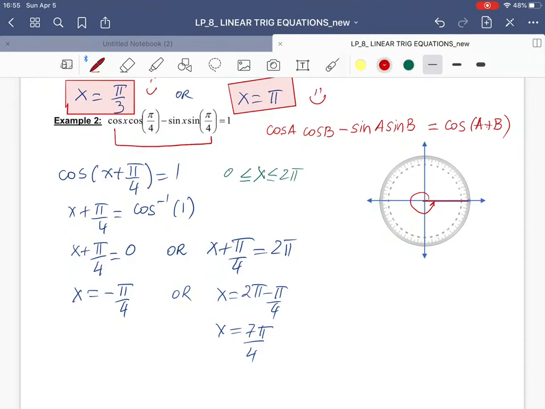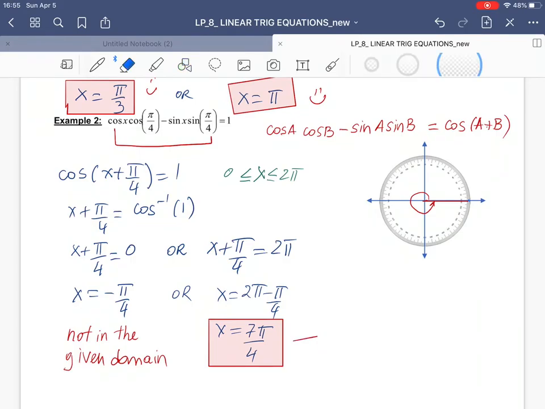It's not in our domain here. All right. And about x equals 7 pi over 4, we're going to say definitely in the domain. And that will be actually our only solution, as a matter of fact.